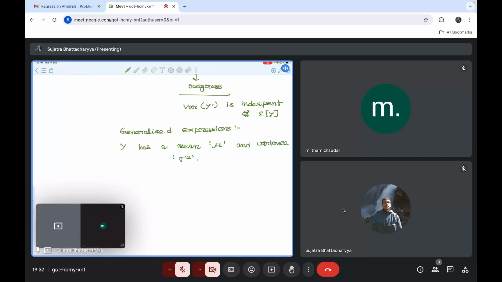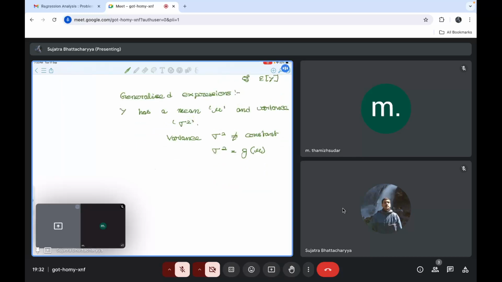Let us say that variance sigma square is not constant and sigma square is a function of mu. Suppose, okay, so the variance of the response variable depends on mean mu.